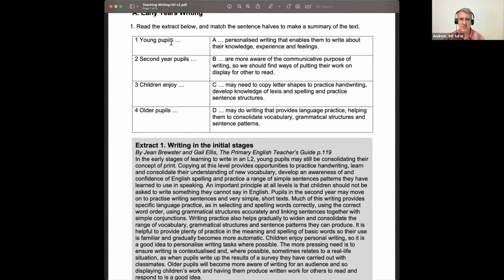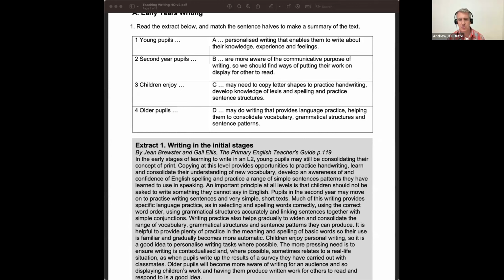All right, please put your answers into the chat. Let's see if I've got the answers. So the answer indeed is 1C. Young pupils may need to copy letter shapes to practice handwriting, develop knowledge of lexis and spelling, and practice sentence structures. Yes, that's right. Second year pupils may do writing that provides language practice, helping them to consolidate vocabulary, grammatical structures, and sentence patterns.